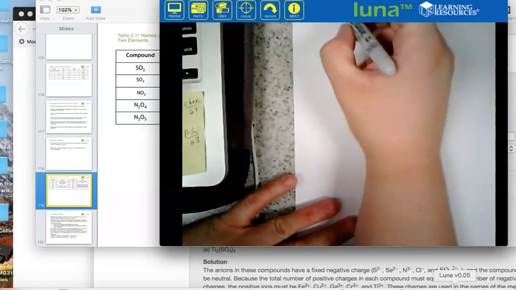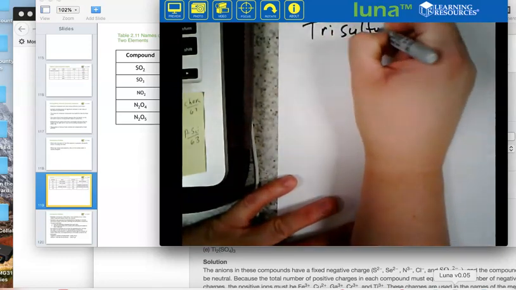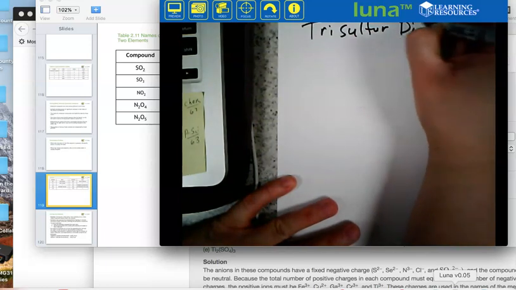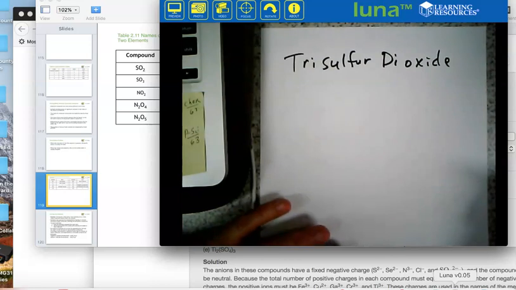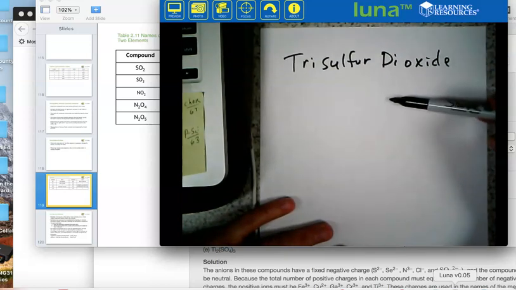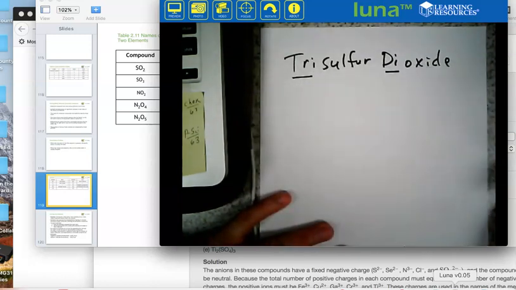All right, so if I have trisulfur dioxide, what's nice about having to write the formula, if the compound is molecular, it tells you how many you have to have.